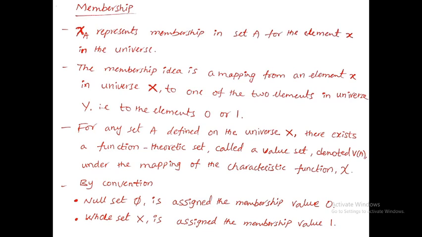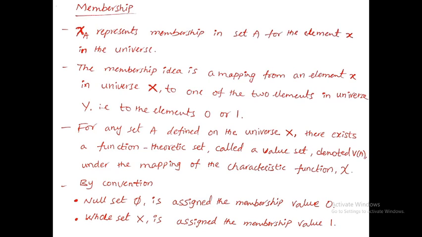If you want to map the function between X and Y, where x belongs to capital X and the other two elements in the unit of discourse are 0 or 1, to represent that, generally we take the function f such that X to Y. X to Y means from the X unit of discourse to the Y unit of discourse.